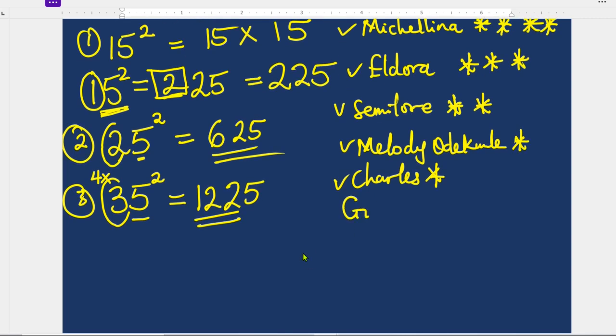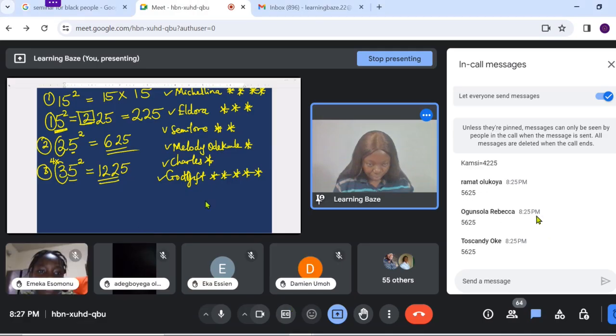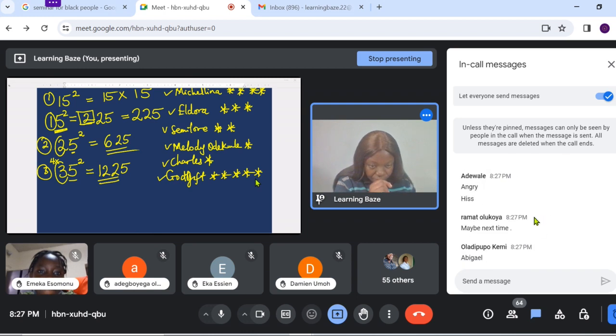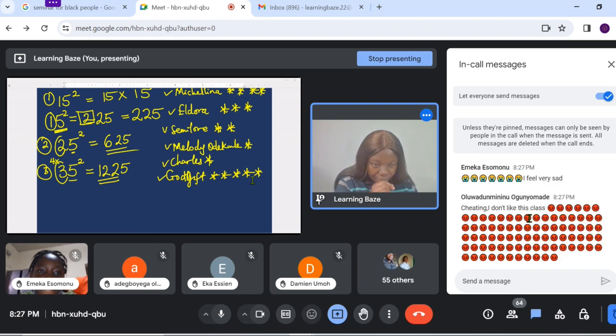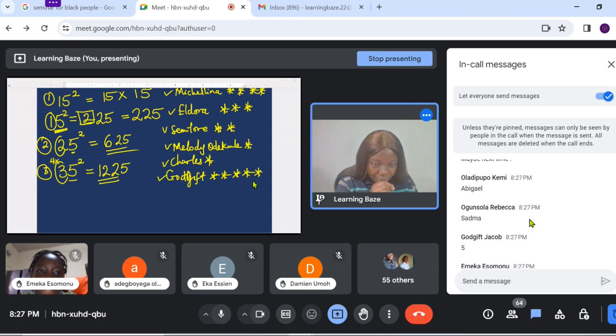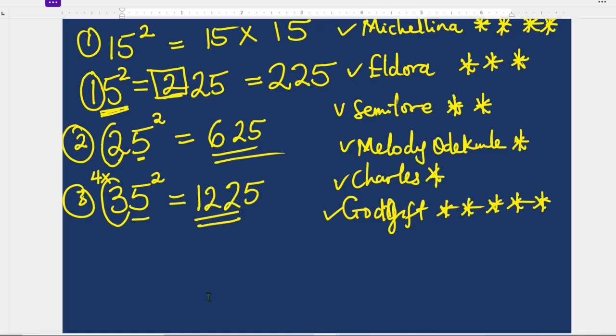God Gift now has 4 stars or 5. 1, 2, 3, 4, 5. Fantastic. So Oladipupo, what's your name? Abigail. Abigail, fantastic. That's amazing. So Abigail now has 2 stars. Wow.